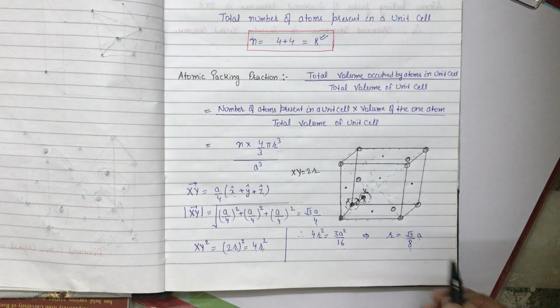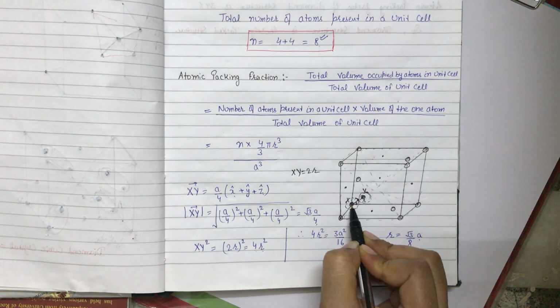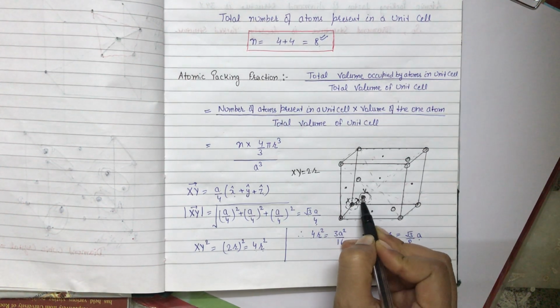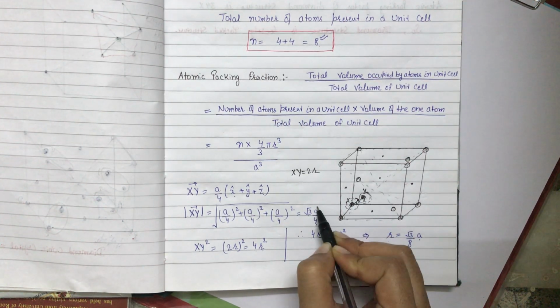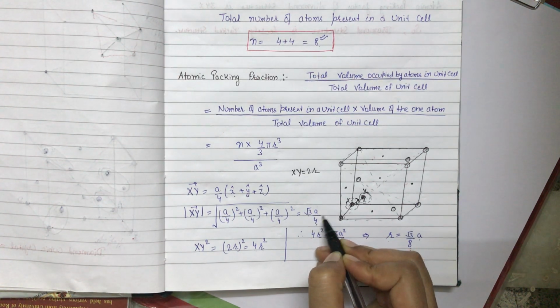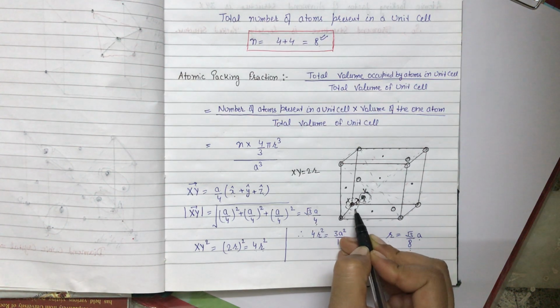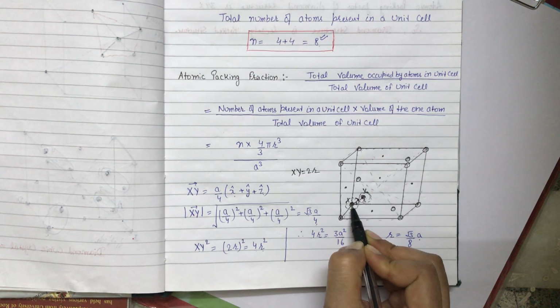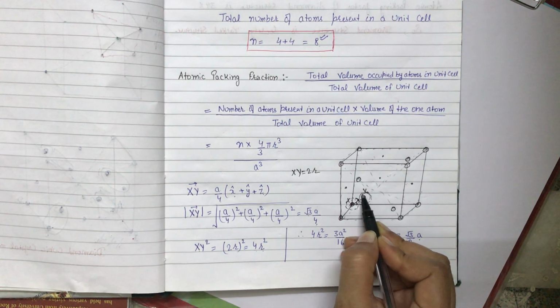Clear? I'll repeat again. If I mark this as the X point and this as the Y point, then this XY vector's magnitude is equal to under root 3 by 4 times A. And if I place a carbon atom along this lattice point with a motif of 2, then this carbon atom is joined with this.